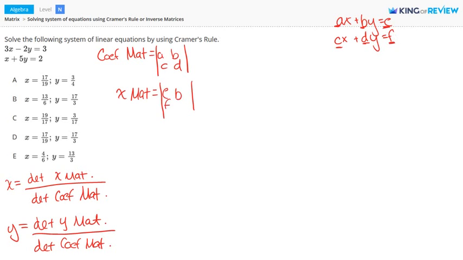And then we have B and D. And the y matrix is equal to A, C, E, and F.